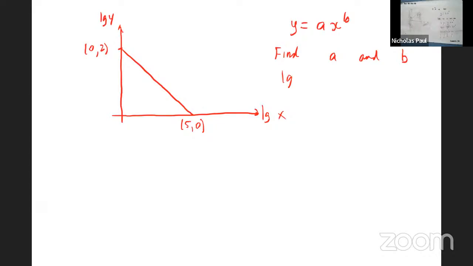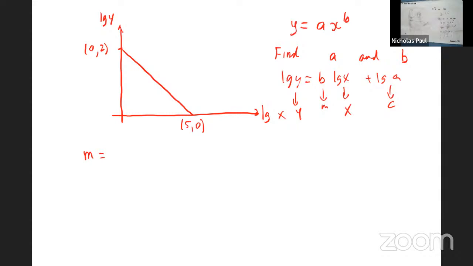So you'll get log y is equal to b log x plus log a. This is your y. This is your x, c, m. Hurry up, find the gradient. A and b, yes.